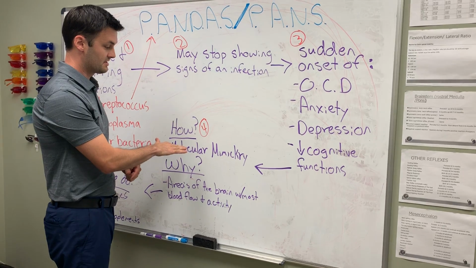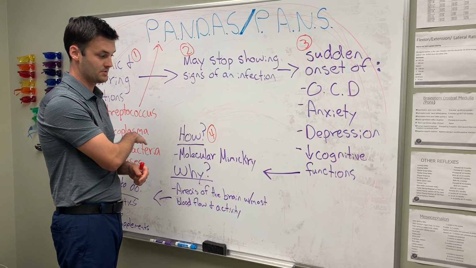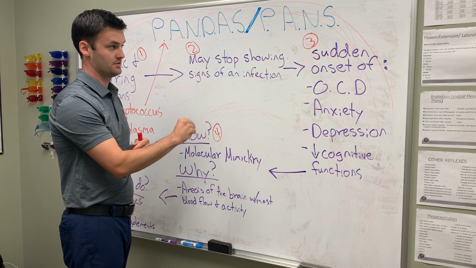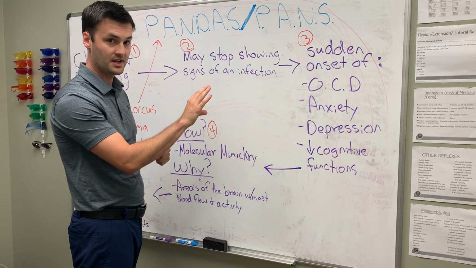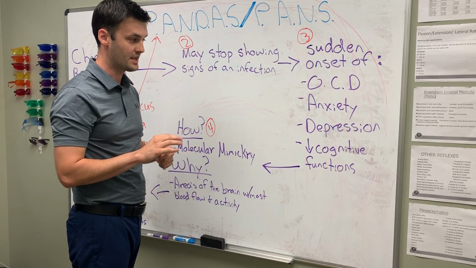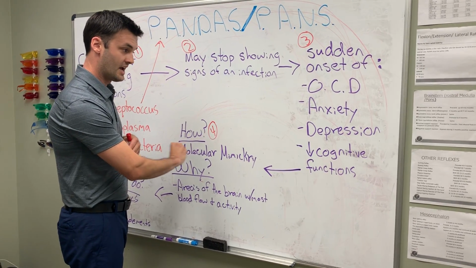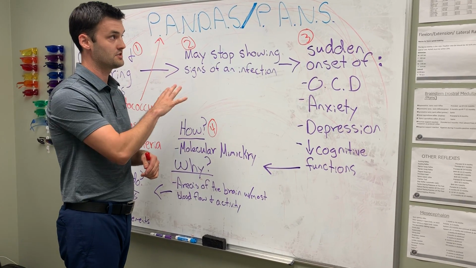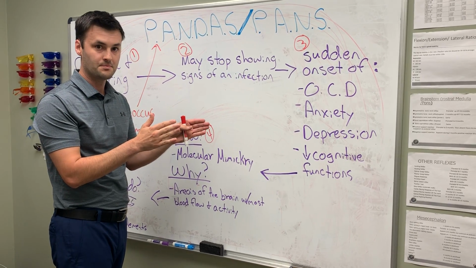The immune system is mistaking what strep looks like or mycoplasma looks like at its molecular level for certain structures in the brain. So when you line up these structures in the brain and you line up what the structures of certain pathogens look like, and you put them under a microscope, they're going to look pretty similar.